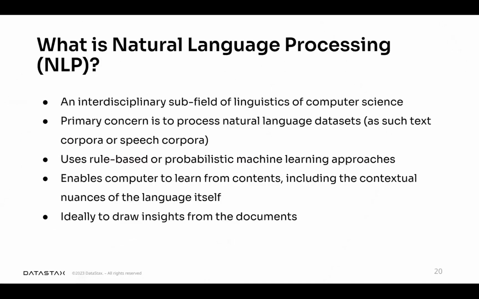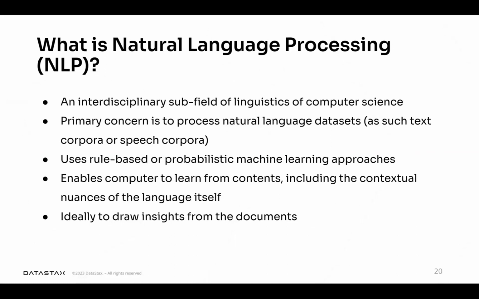So now let me get into the next thing, which is natural language processing. It's an interdisciplinary field between linguistics and computer science. The concern is that you want to process natural language data sets, such as text or speech, huge bodies of data. It uses rule-based or probabilistic machine learning approaches.